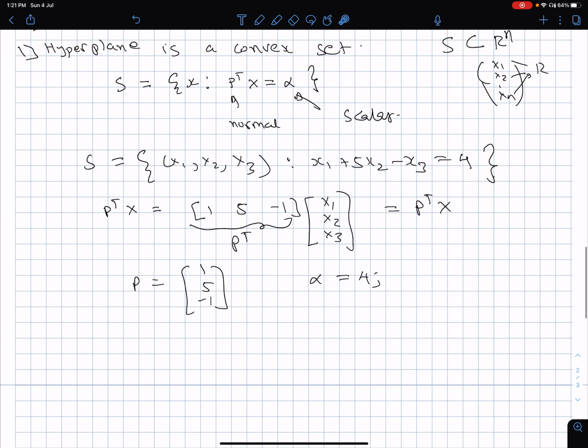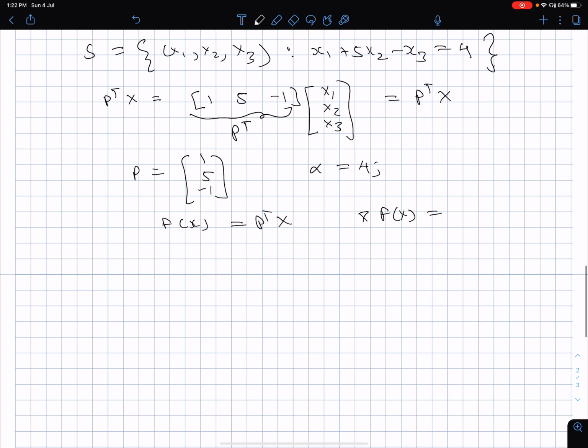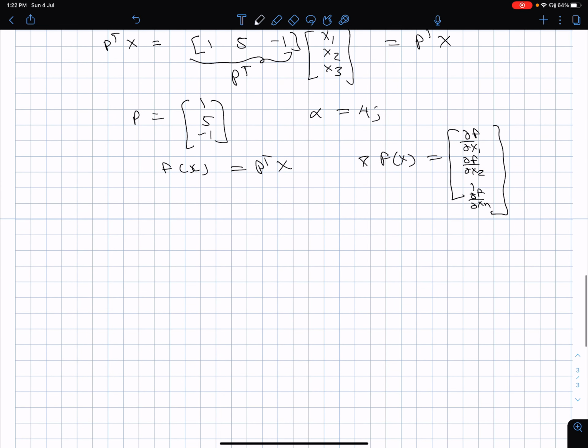Now let's see why P is called a gradient. Let's say a function f of x is defined as P transpose x. If you look at the gradient vector of f of x, which is the partial derivative of f with respect to x1, with respect to x2, and so on up to xn, then f of x is P1 x1 plus P2 x2 and so on up to Pn xn.